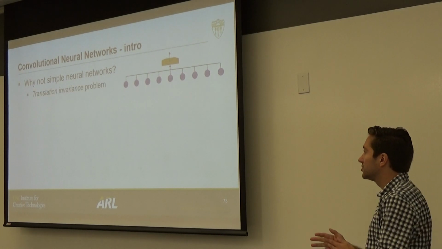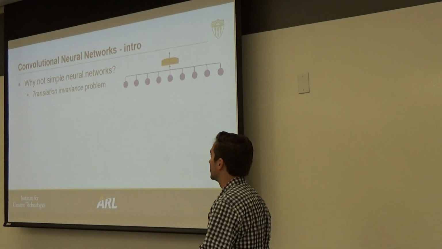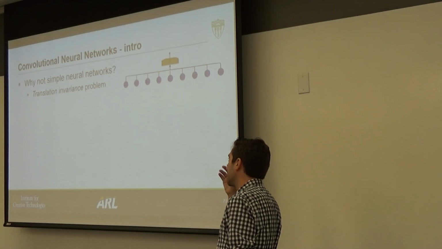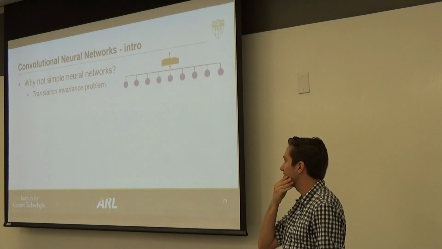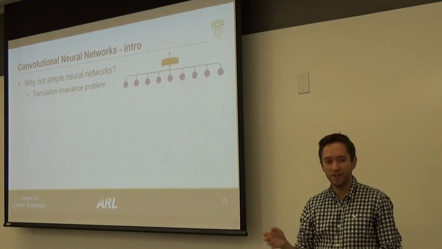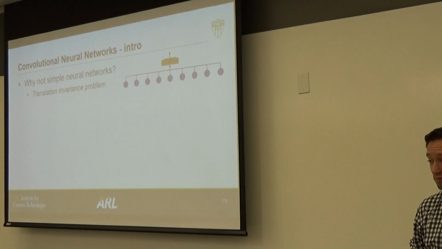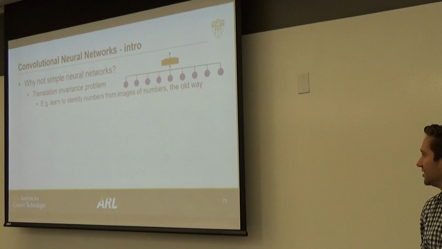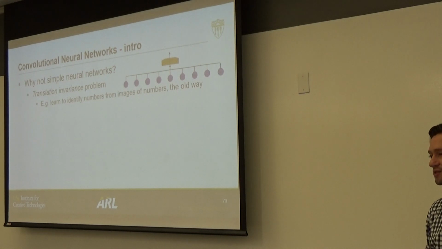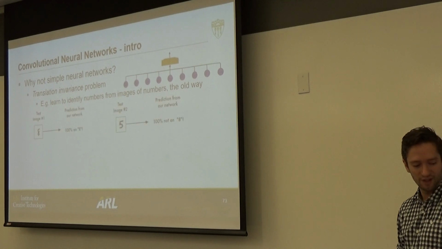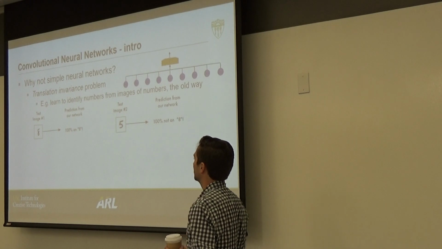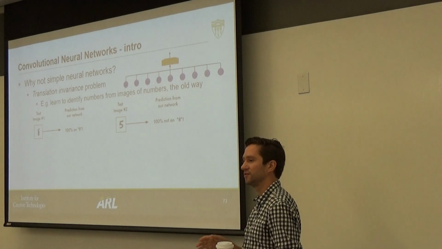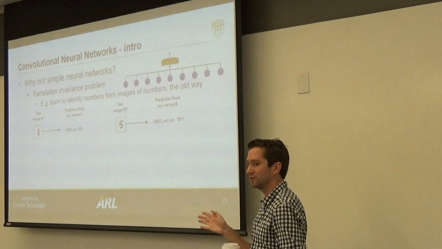Also, why not use simple techniques for image detection? One of the great advantages of having these very small local models is that they address the translation invariance problem. To give you an idea of how neural networks used to fail with this kind of large object detection in images: if you train a classifier on number images, it can be absolutely great with very common techniques like neural networks.